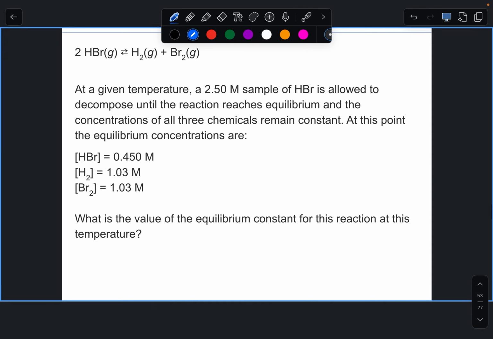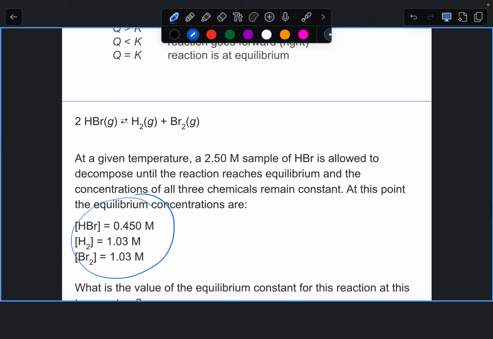Like this one, same reaction actually, it's just reversed. And it's like, oh, you have all of these equilibrium concentrations. What's the value of K? So you just plug them into the equation. You write what K is symbolically, you put the concentrations in, and then you can determine K. So that's where we're headed, at least for Monday.